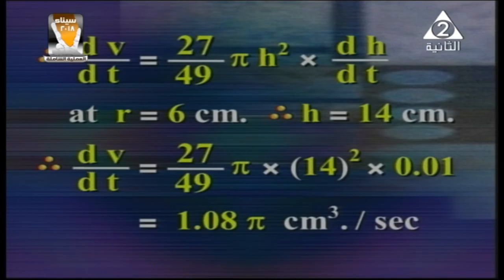This is the rate of change of the volume of the circular cylinder, 1.08 pi cubic centimeters per second.